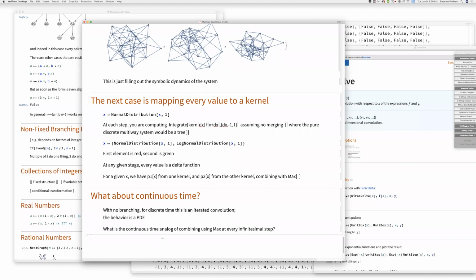Right. The case I'm thinking about is the continuous time and continuous branch case. And I'm having a hard time understanding how you combine functions. Well, it's kind of hard, actually.